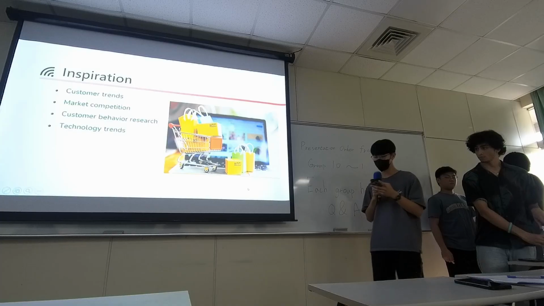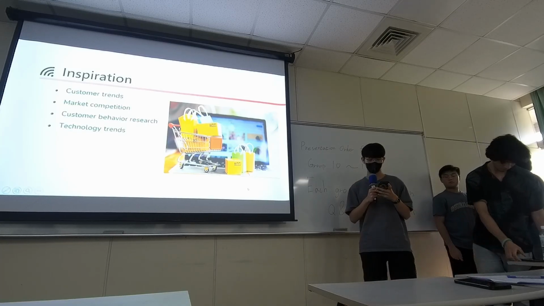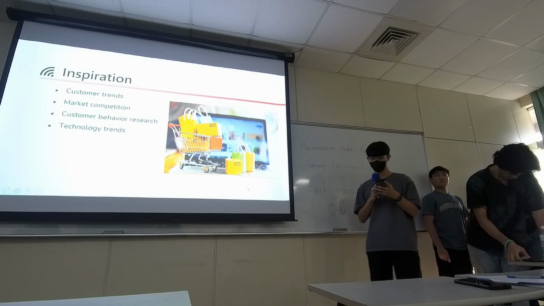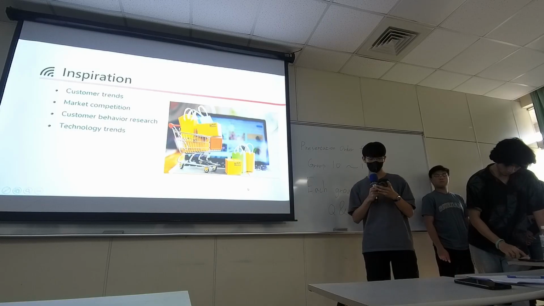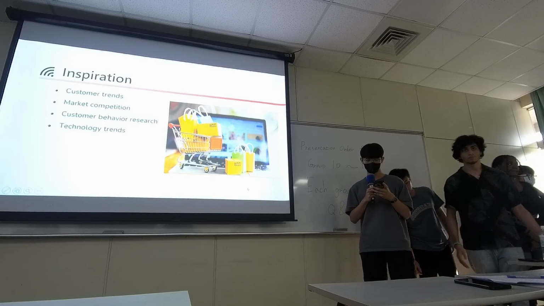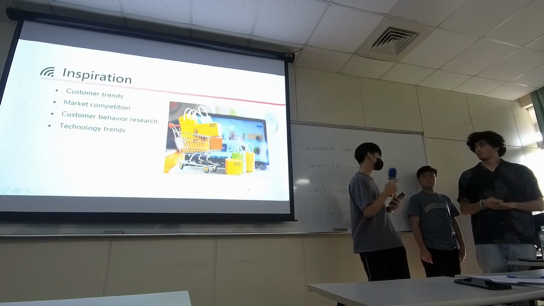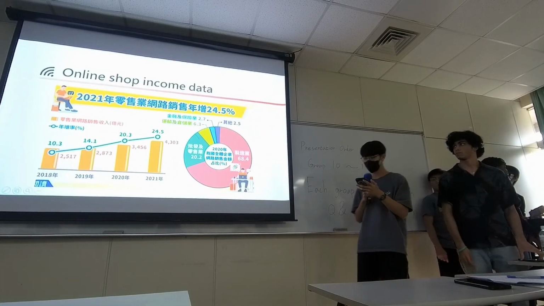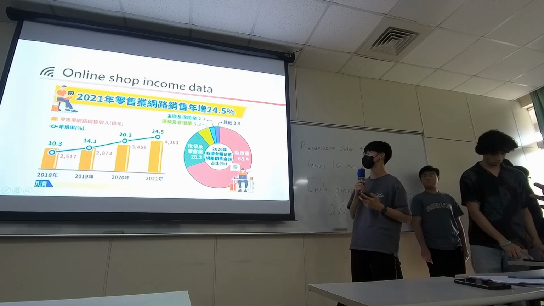Third, consumer behavior research. Explore consumer preferences in online shopping and expectations for the digital shopping experience. Fourth, technology trend. Explore how technology is changing the online shopping experience. And the picture shows online shop income is increasing year by year.